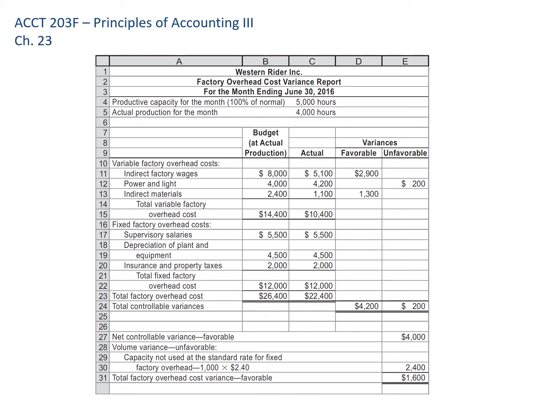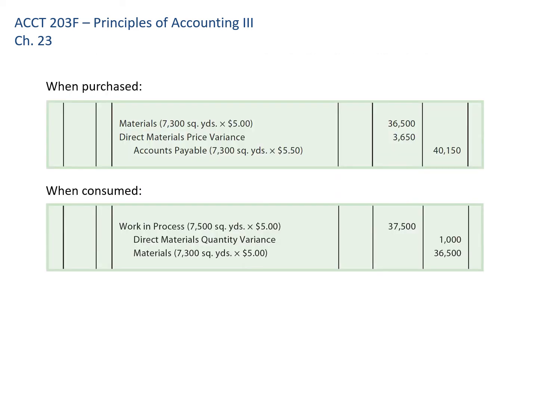Next, I want to talk about how we journalize this information. Unfavorable variances are always debits, favorable variances are credits. We always debit work in process for standard cost, and then credit, whether it's materials or payroll or factory overhead, for the actual. We can handle direct materials one of two ways.